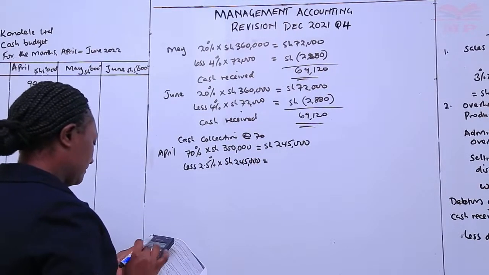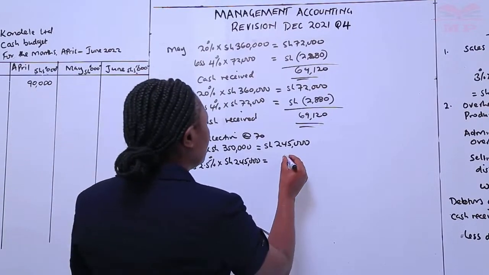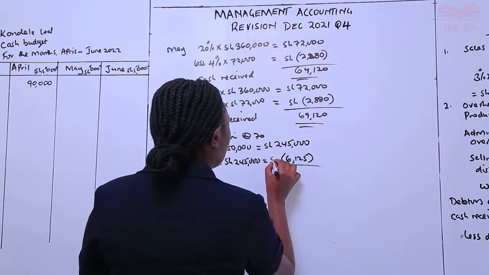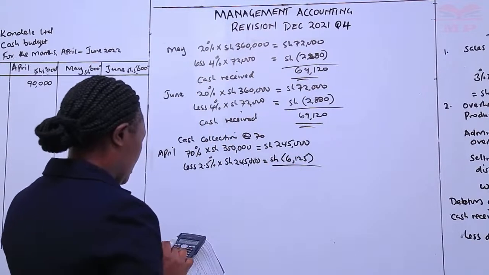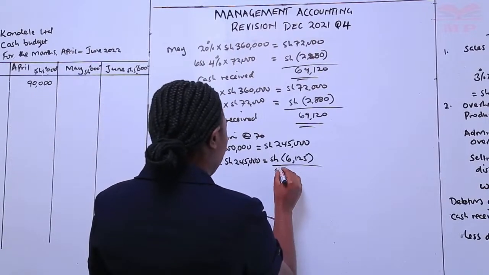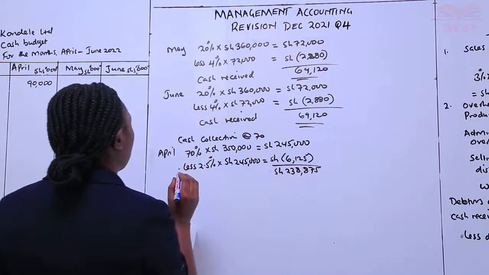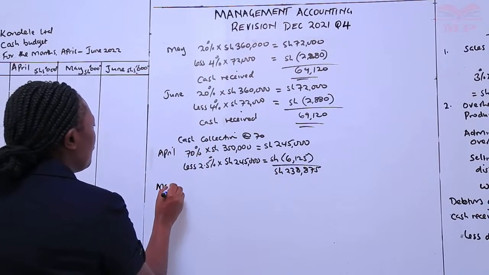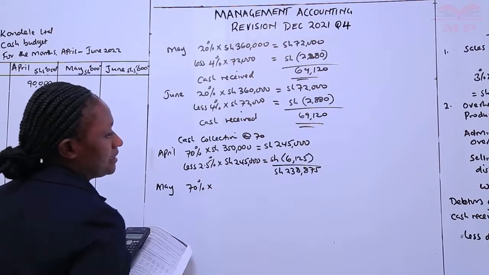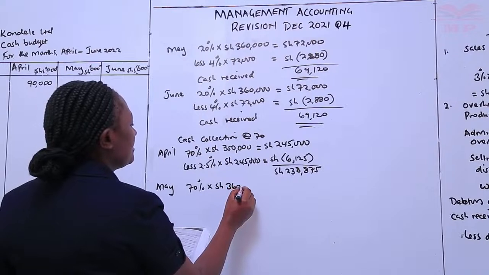So we less 6,125, which will give us 238,875. Do the same for the month of May. Get 70% of the May sales, which were 360,000.